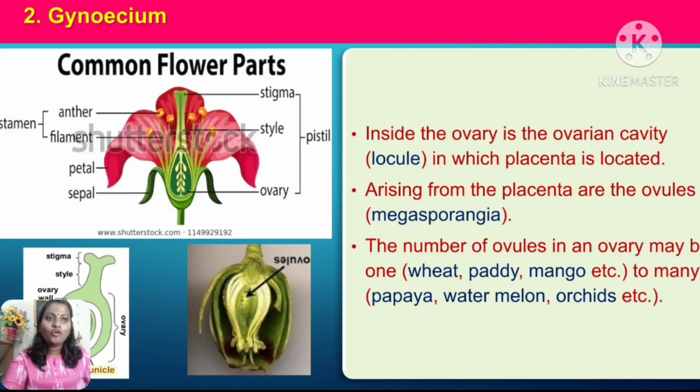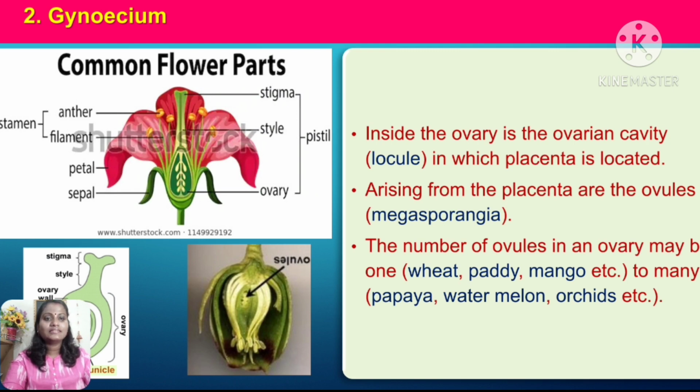Inside the ovary is the ovarian cavity, which we call the locule, in which the placenta is located. Arising from the placenta are the ovules, which we call megasporangia. The number of ovules in the ovary may be one, for example wheat, paddy and mango. Such flowers have only one ovule.